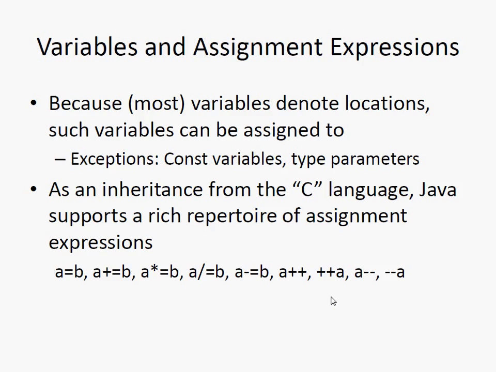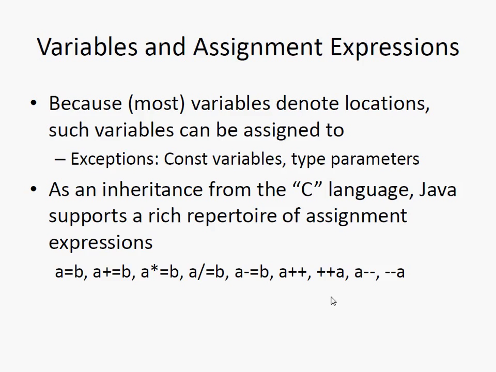In other words, A equals A times 3. That's what this means. This is A equals A plus B. This is A equals A divided by B. This is A equals what? A minus B.